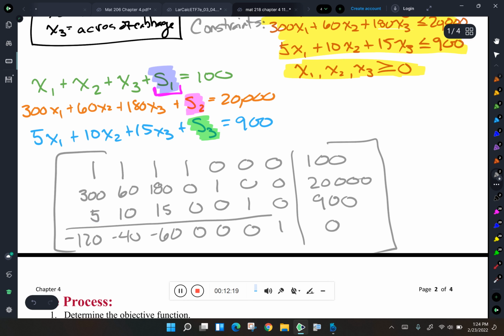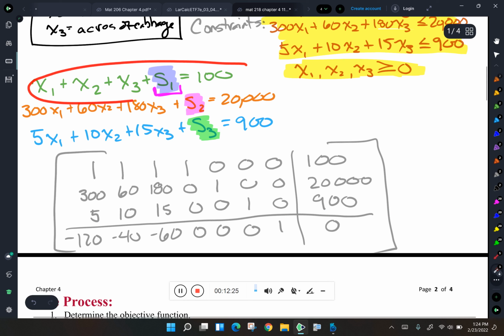Now I want to take a moment here to talk about where all these came from, right? So this green equation right here is my first row. So then that's the x coefficient, that's the y coefficient, or I'm sorry, the x sub 1 coefficient, the x sub 2 coefficient, the x sub 3 coefficient, the s sub 1 coefficient. This is the s sub 2, this is the s sub 3, and this is the z that came from that last one.